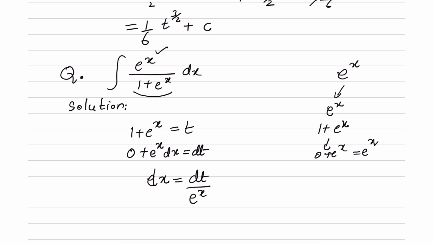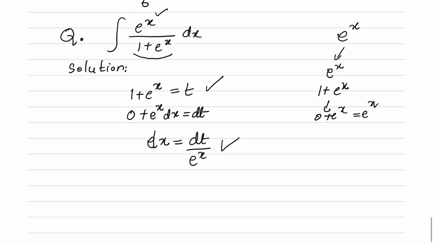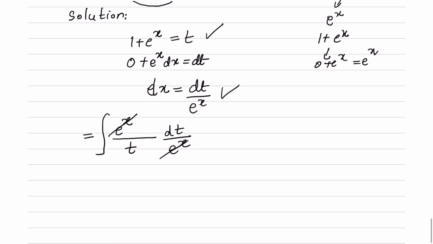So let's put 1 plus e power x equal to t and the value of dx back in our integral. We will see we have e power x as it is divided by 1 plus e power x, which is t, and the value of dx is dt by e power x.